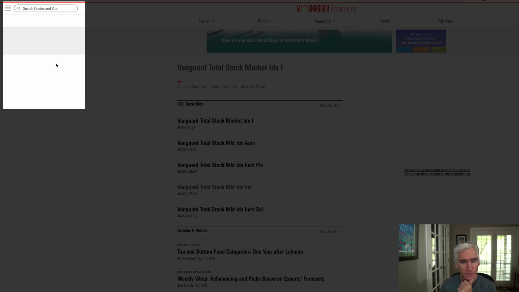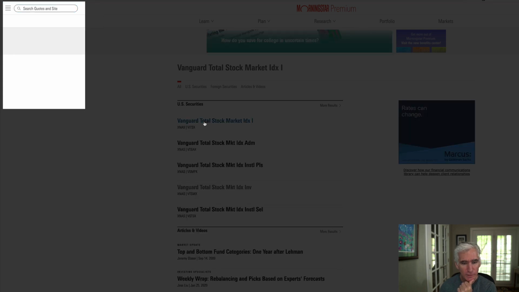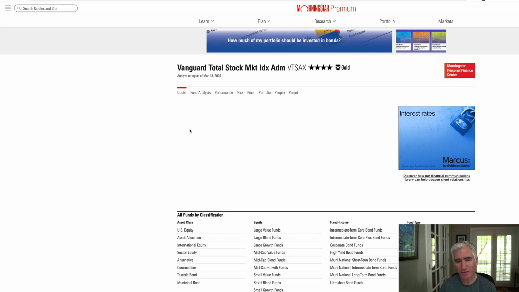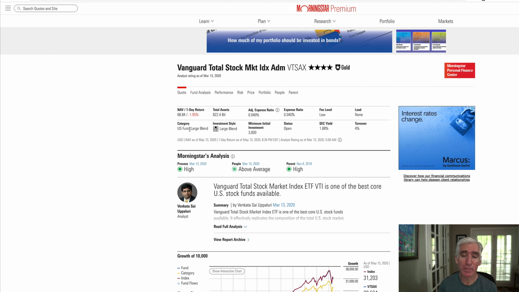It might be this one. Oh, that's right, VTSAX. I own this fund, so you think I would remember the ticker. If they had tickers that were numbers, I would remember them. Anyway, we can see here, it's the same top middle box that's colored in.